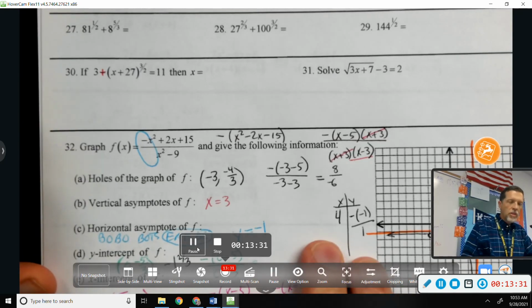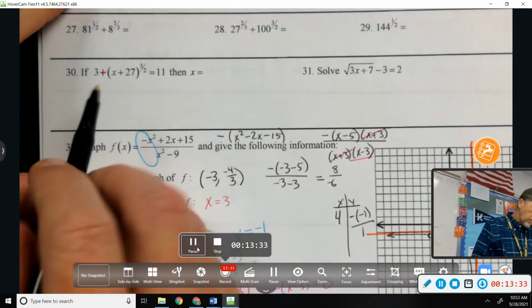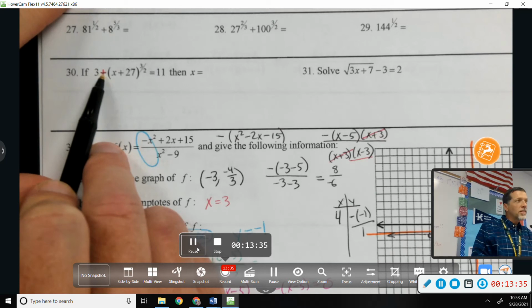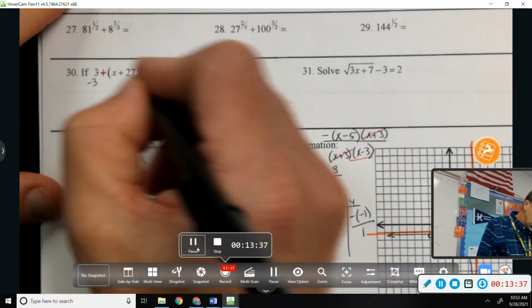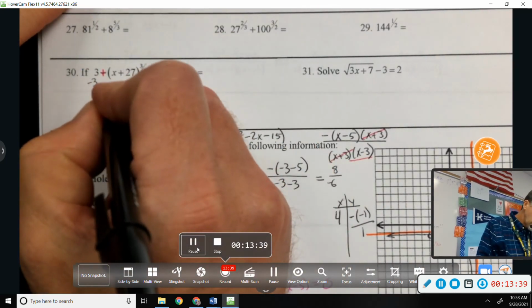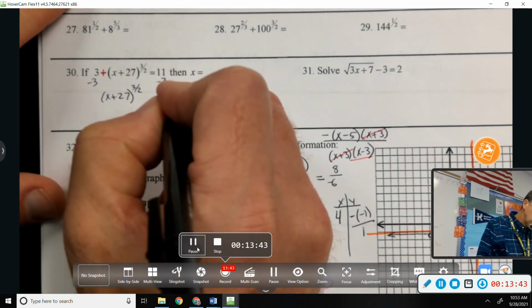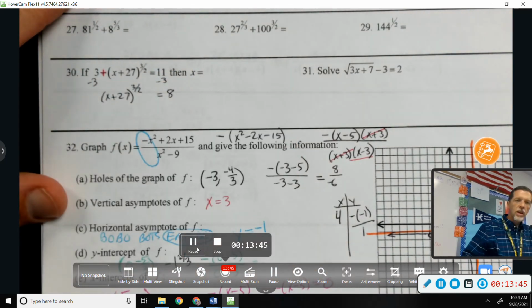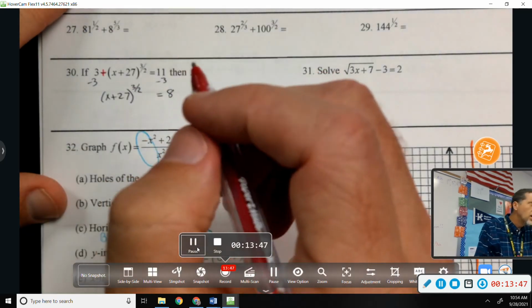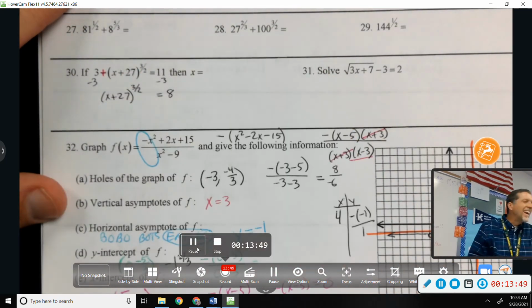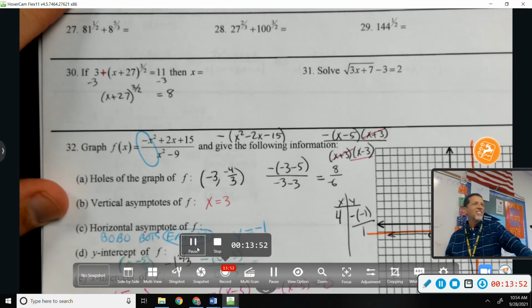Number 30. Remember, we changed it from a minus to a plus to make it work out. Move the 3 over. X plus 27 to the 3 halves equals 8. Did you mess up 11 minus 3?